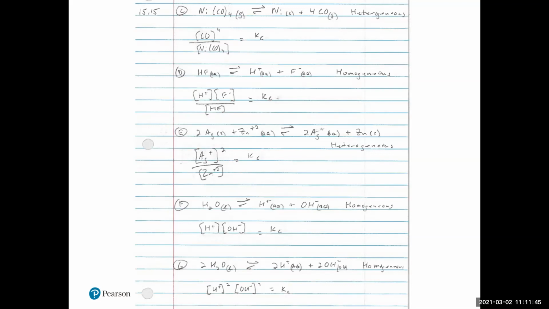Remember, we talked about how if it's a pure solid or pure liquid, it has a value of 1. And so in this case, these solids, the silver solid, the Ag, and then the zinc, the Zn, if I put them in that equation, they would have values of 1. Since they have values of 1, they don't impact the calculation.